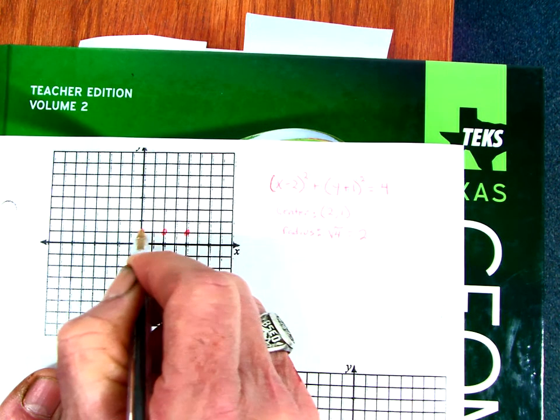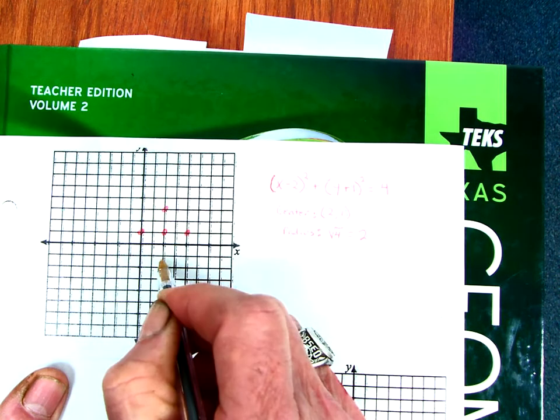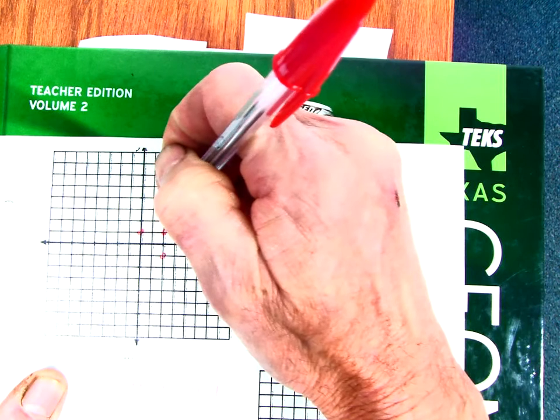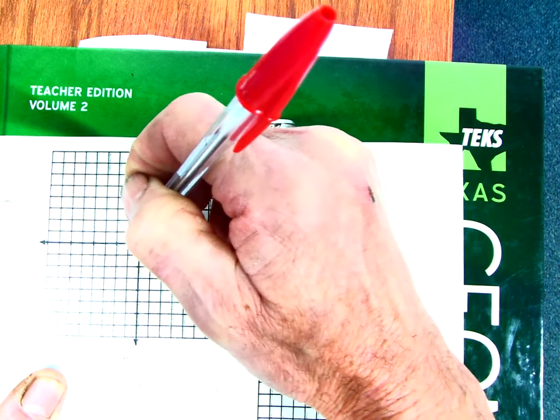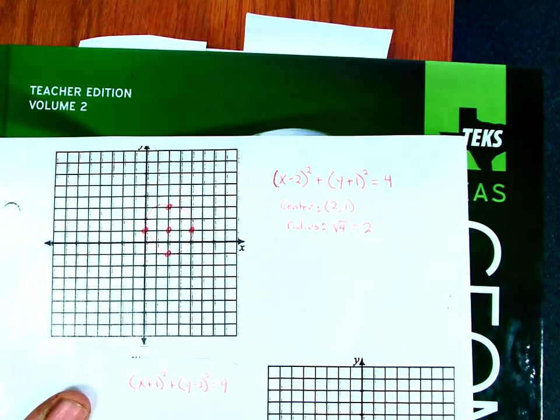Then 2 to the left, and then 2 up, and 2 down. This makes it a little bit simpler for me to see where I need to draw my arcs, and when I complete it, I have my circle.